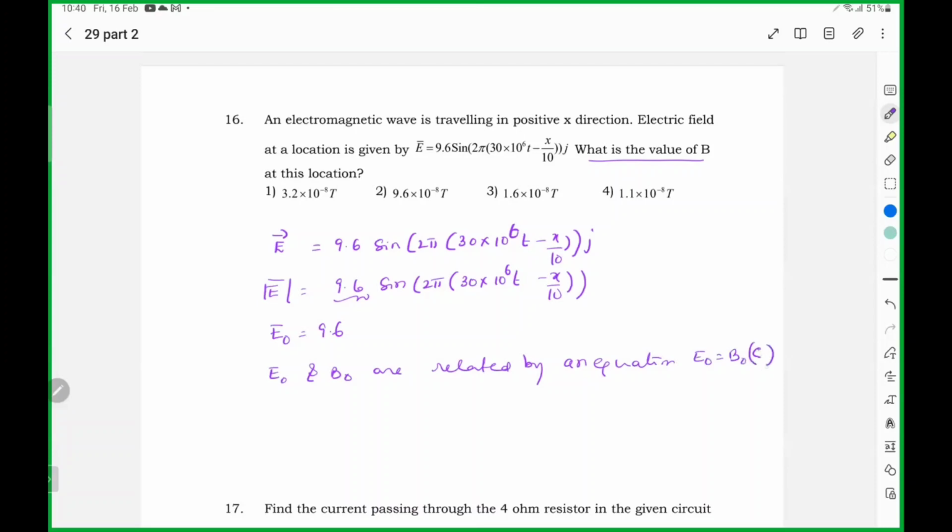So we must be careful here. If it is in air or vacuum, it is 3 into 10 power 8. So better we compare the given equation with E naught sine omega t minus kx, and that C here is 2 pi anyhow common.